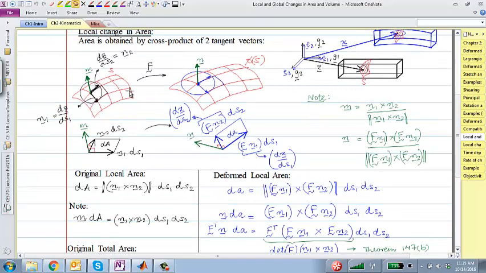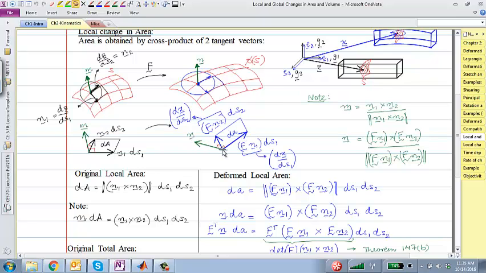Now the question is, after deformation, the tangent vectors go to these new deformed tangent vectors. The normal to the surface is not going to be mapped by F to the new normal. The normal to the undeformed surface is defined by N1 cross N2, that was M. The normal to the deformed surface is defined by the cross product of the deformed tangent vectors.